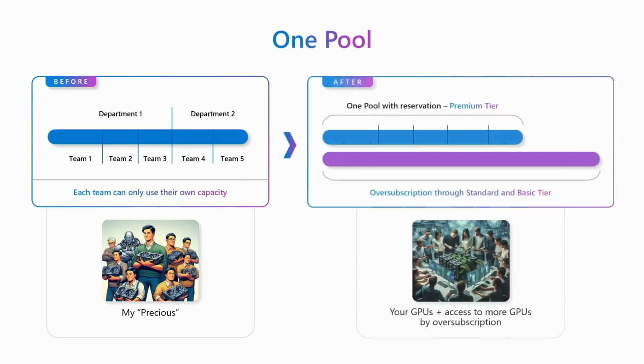So the idea with one pool is everybody gets a virtual GPU, not physical GPUs. They get a certain amount at a certain priority. We've got three priority levels: low, standard, and premium. If a premium job comes in and there's a low priority job running on the GPUs it needs, the low priority job gets evicted. Now, the interesting thing about the eviction is that this is a global pool.